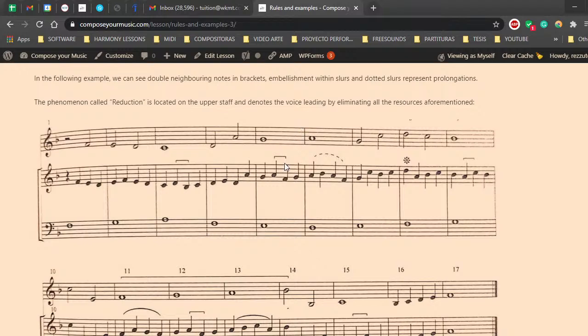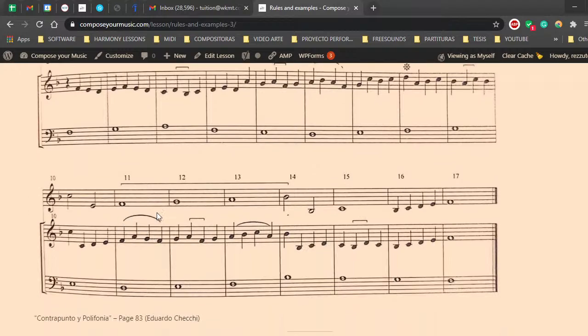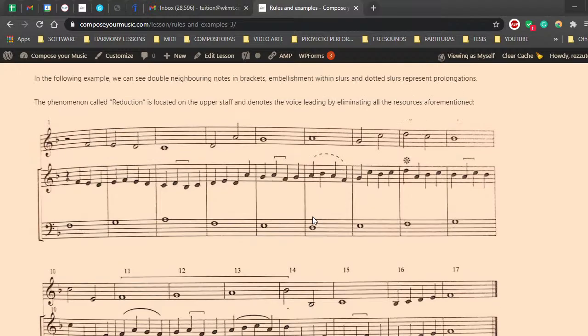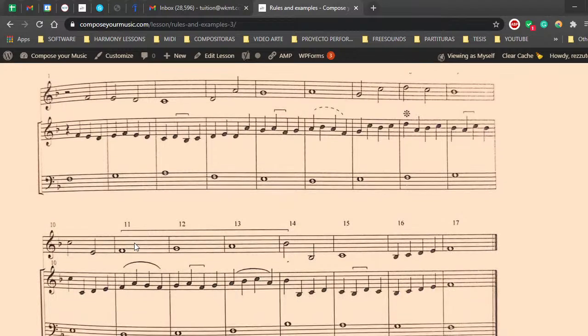Embellishments with slurs, slur, slur. And then dotted slurs represent prolongations, as this one. The phenomenon called reduction is located on the upper staff, this one, and denotes the voice leading by eliminating all the resources aforementioned. So we do a reduction to the first and the second species.